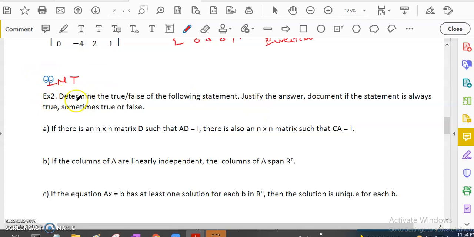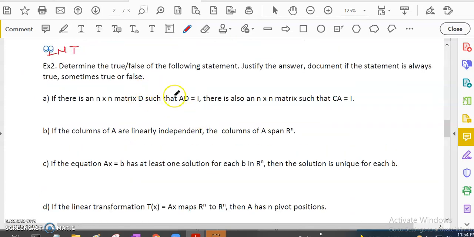Further investigation of the IMT is this true-false exercise. See if you know all the statements by heart.